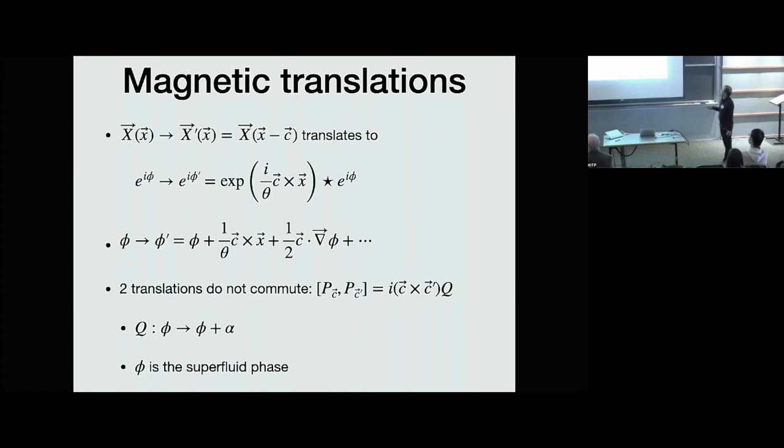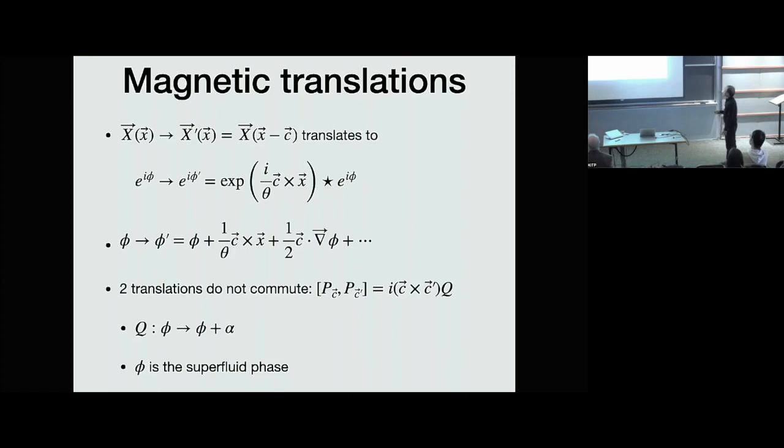But in fact, we have to use star products, and then there is an infinite number of terms involved, in particular terms that have derivatives of phi. And now, because of the properties of the star product, the two translations do not commute.